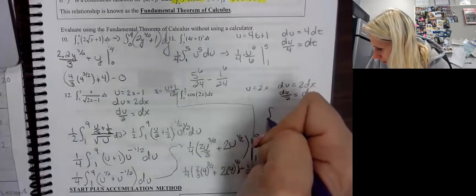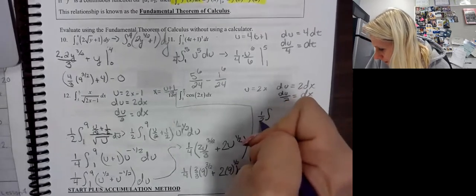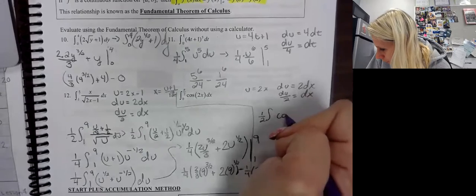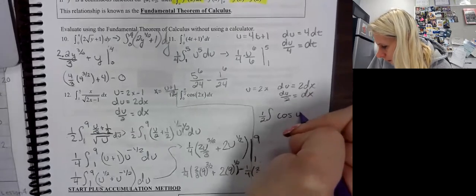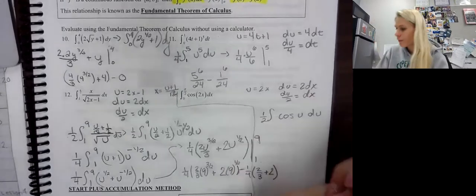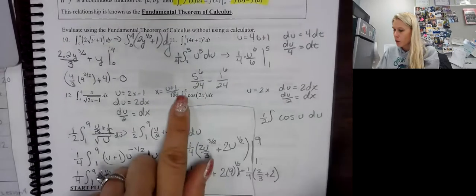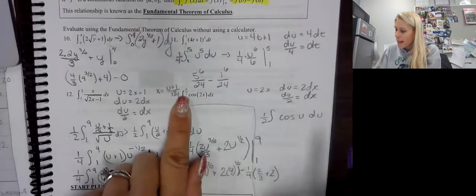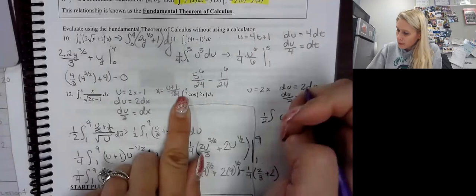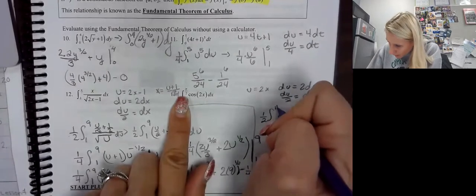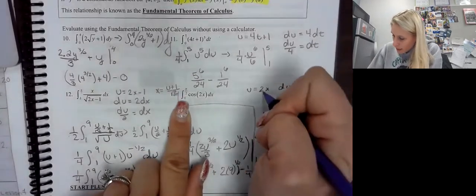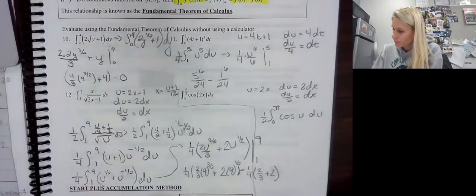So the integral, that 1/2 comes out front, cosine of u du. We've got to change our boundaries, right? So pi halves times 2 is pi, 0 times 2 is 0.